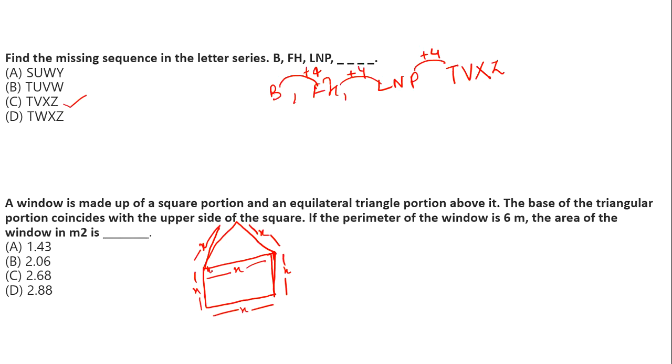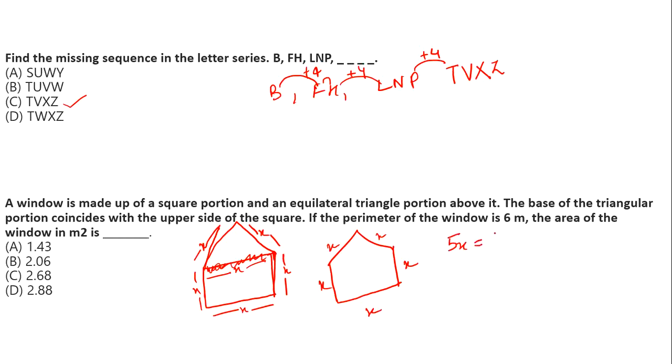And we don't have to consider this particular line, because your window is obviously going to be like this, right? So it is looking something like this. So this is X, this is X, this is X, and this is also X, right? So this is our window. Now what they have mentioned is that the perimeter of the window is 6 meters. So what is the perimeter? 1, 2, 3, 4, 5, that is 5x.